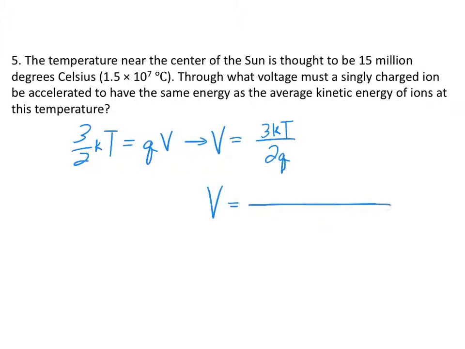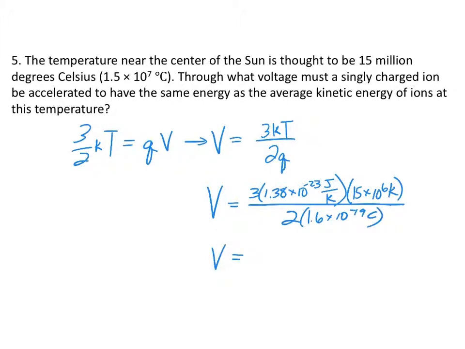So our voltage, 3 times, what is it, 1.38 times 10 to the minus 23 joules per Kelvin, times 15 million Kelvin, over 2Q, 1.6 times 10 to the minus 19 coulombs.